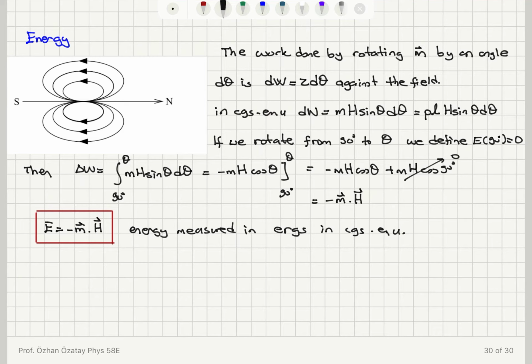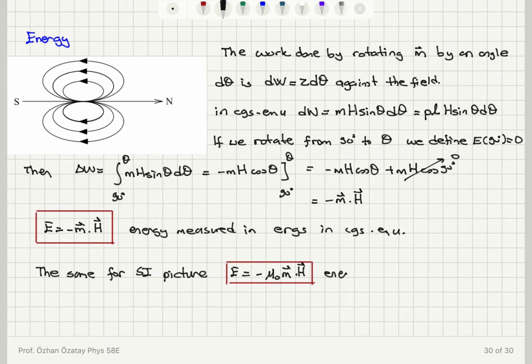And if we do the same for the SI picture, we can repeat the same exercise. We will find that the energy will be given by, instead of minus m dot h, minus mu 0 m dot h, and now the energy will be measured in joules.